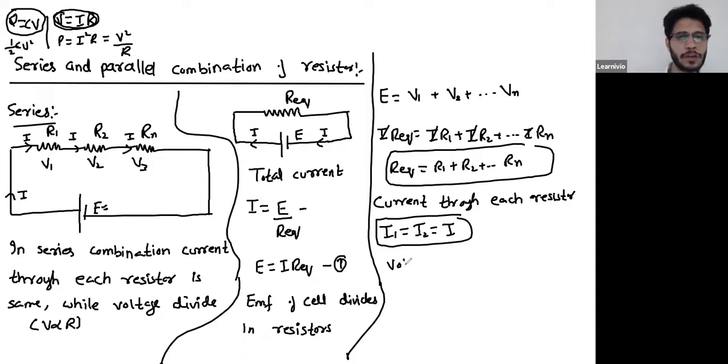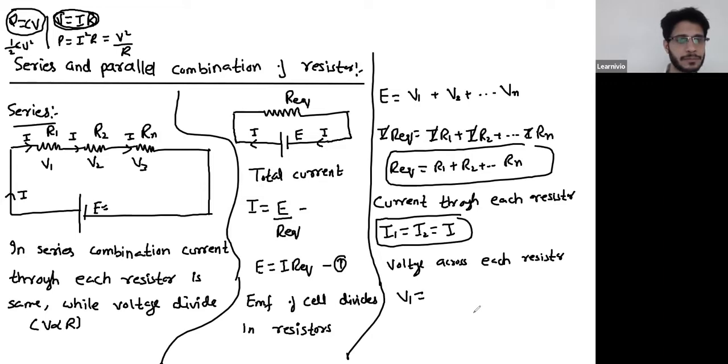Jabena, how would you calculate voltage across each resistor? How would you calculate V1, V2, Vn? Q by C? It's not a capacitor. You're doing a resistor. The governing equation is Ohm's law, V equal to IR.